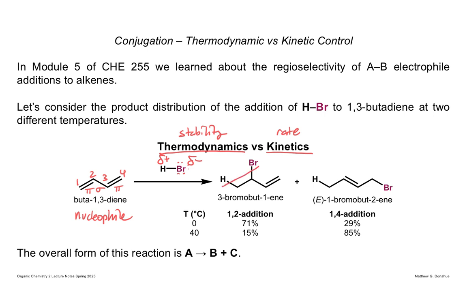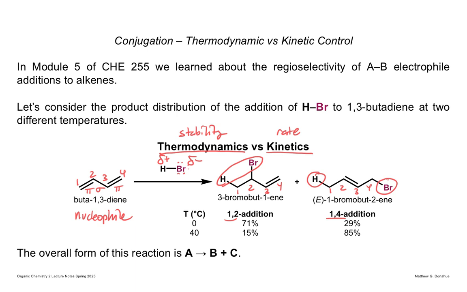There you can see the addition of HBr across carbons 1 and 2. The second is 1-bromo-but-2-ene. Now those atoms of the electrophile have been added to the 1 and 4 positions. So there's 2 possible products that can come out of this: 1-2 addition, they're right next to each other, or 1-4.